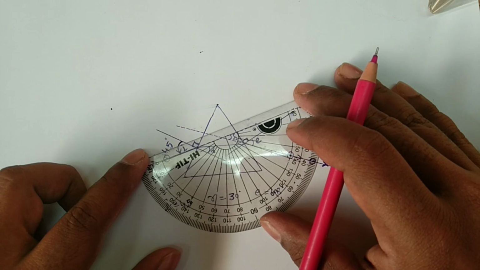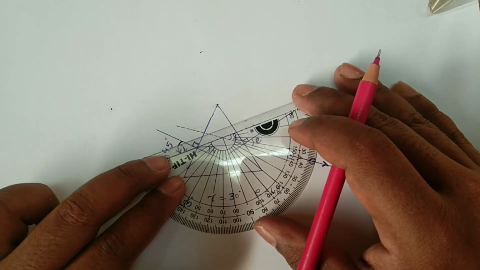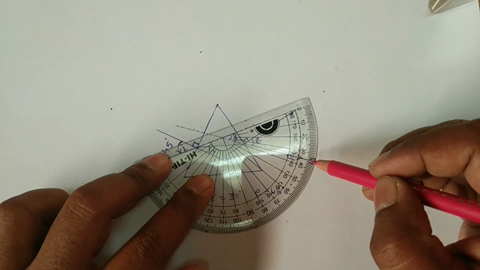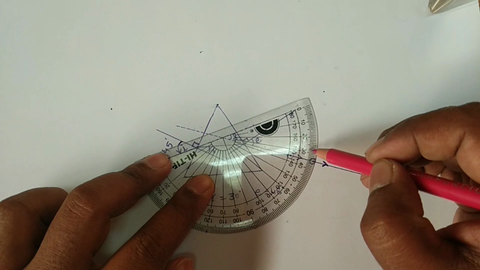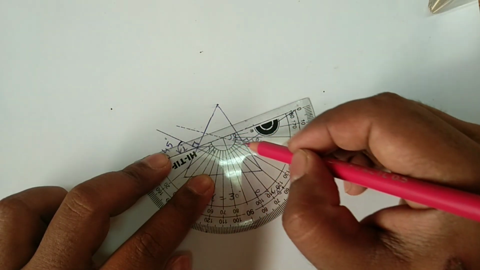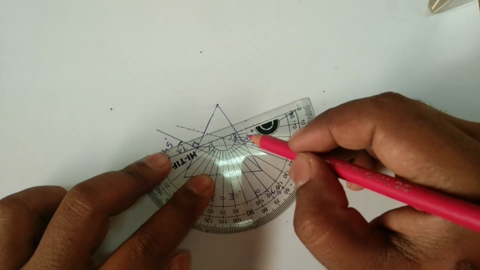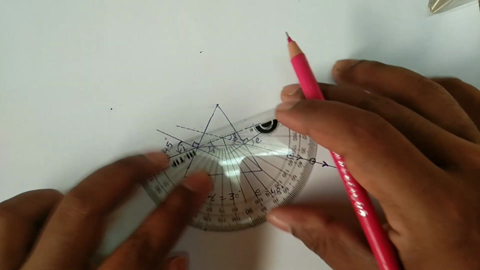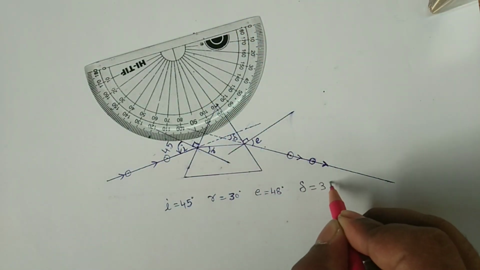What is the value of delta, students? Sorry, it is 35 degrees. This dotted line, you can see, is 35 degrees. So I'll write delta is equal to 35 degrees.